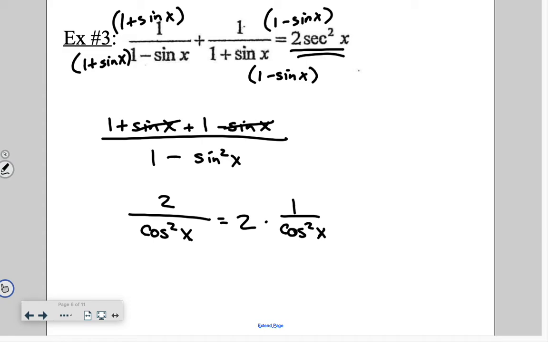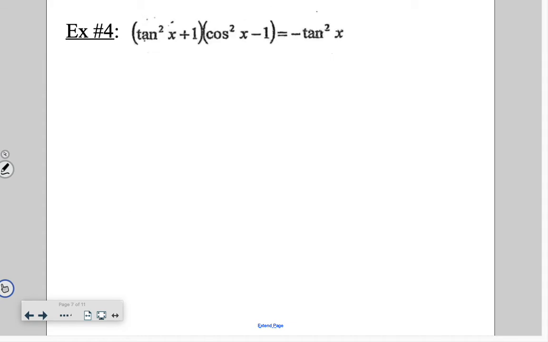And so now, that is exactly what we were looking for. 2 times the secant squared x. And there's our answer. How are we doing? Okay? Yep. Let's do 2 more. And then I'm going to give you time to work from there. Let's do the next one.